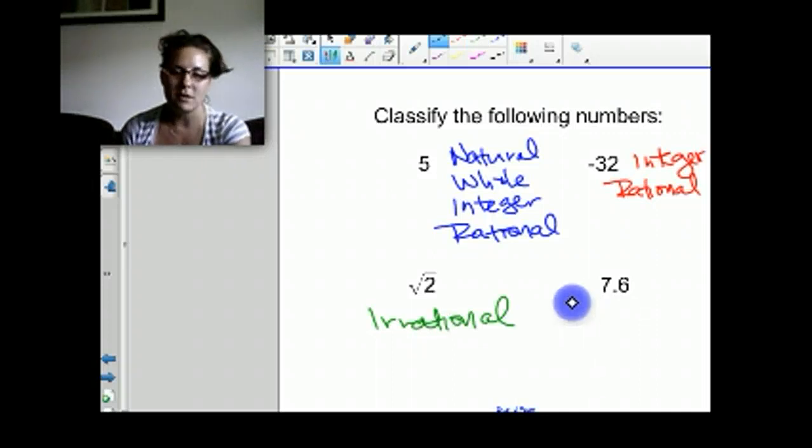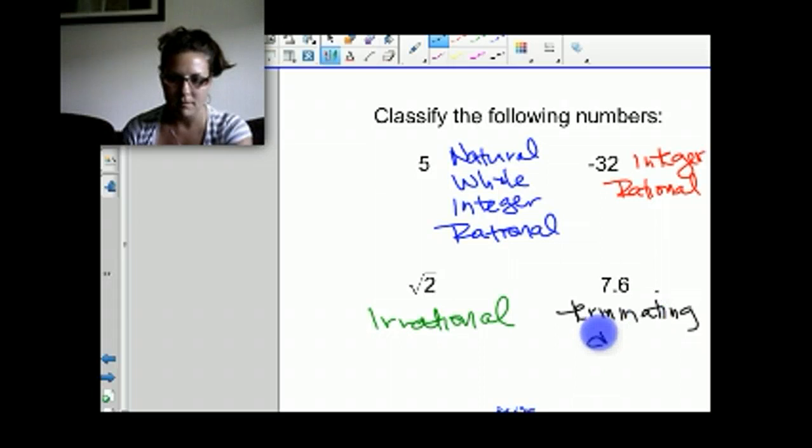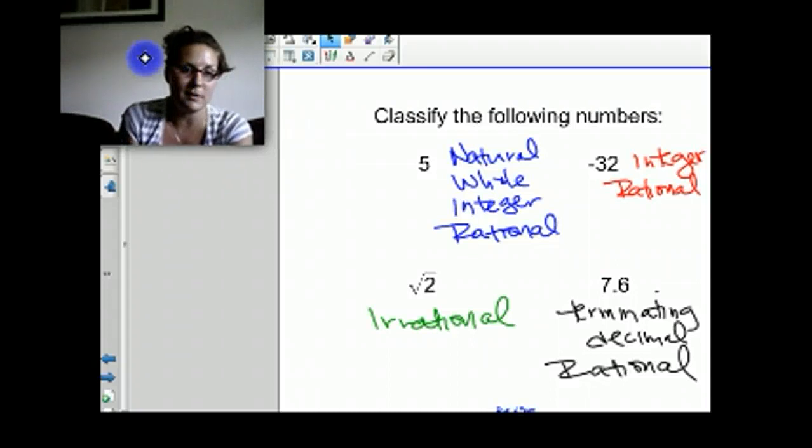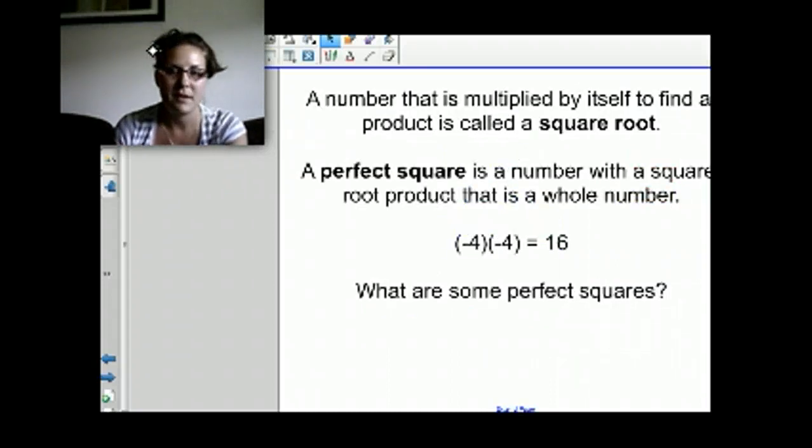And 7.6 is what we call a terminating decimal, and it is rational. We will continue to use these for the entire year, so getting used to this vocabulary is very important.